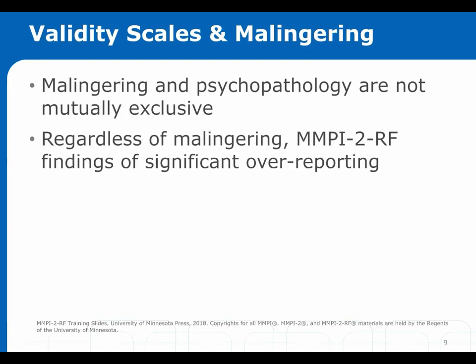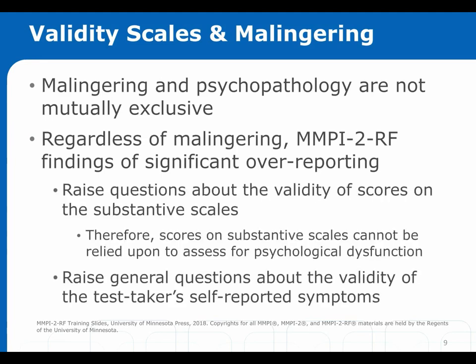Now, regardless of whether or not malingering is present, if the MMPI-2-RF validity scales indicate significant overreporting, this will definitely raise questions about the validity of scores on the substantive scales from the test, again, on which the overreporting was evidenced. And for this reason, scores on the substantive scales cannot be relied upon to assess for psychological dysfunction.